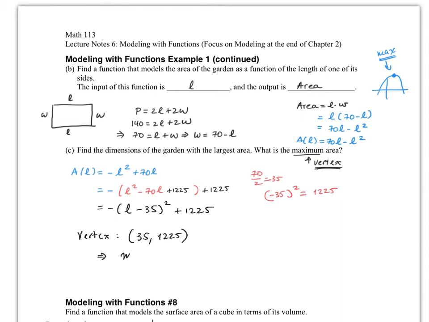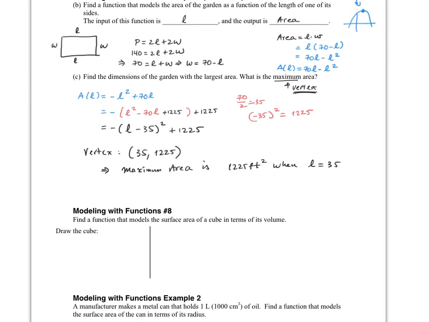Therefore the maximum area is 1225 feet square when the length is equal to 35. That will be the maximum area.